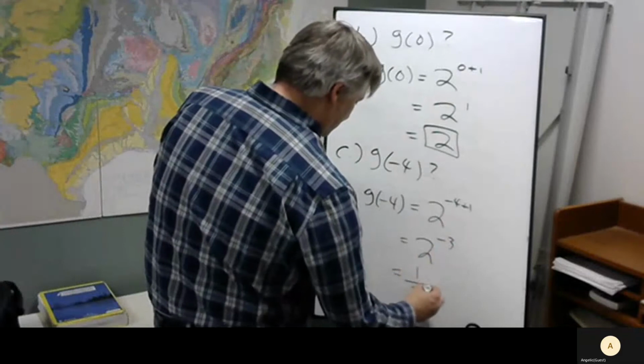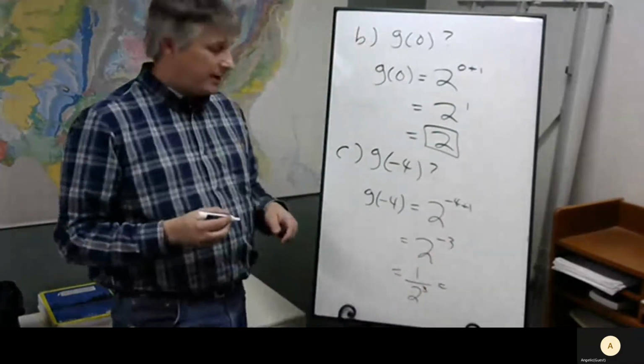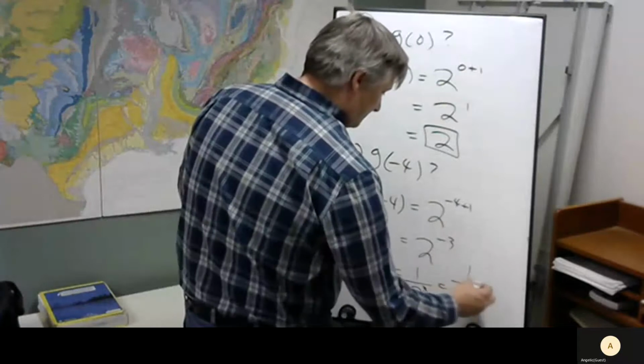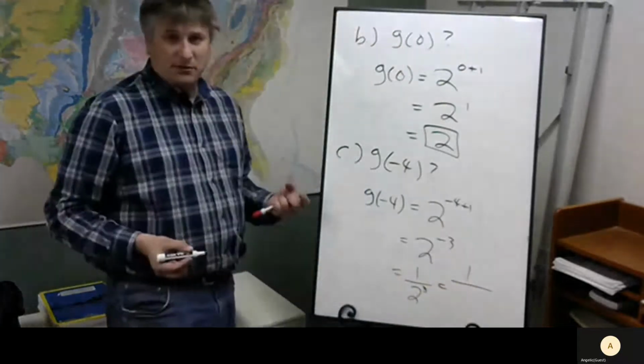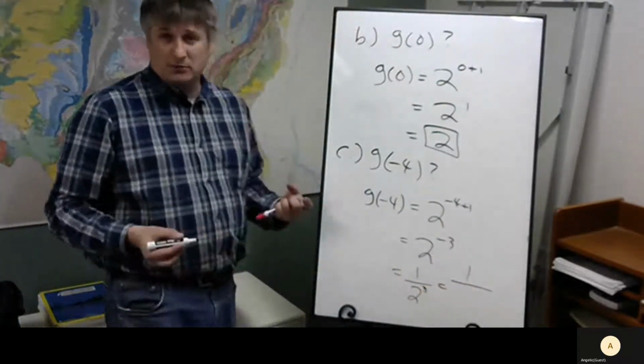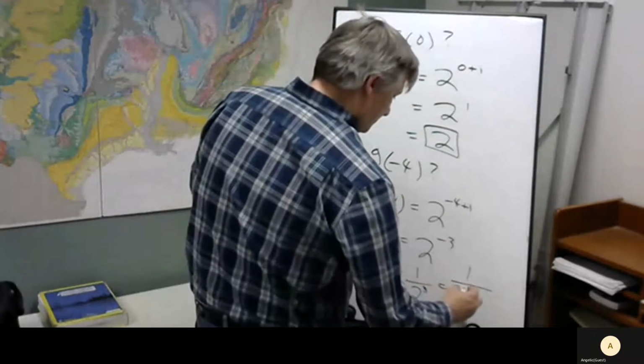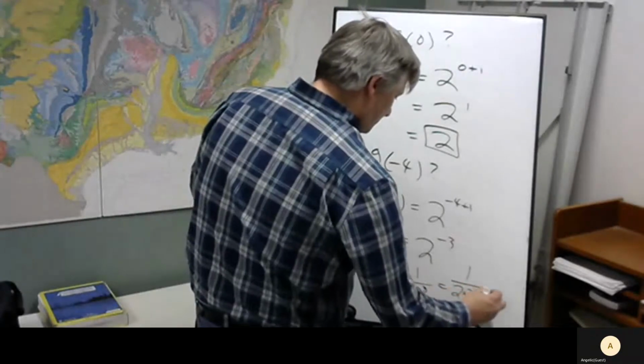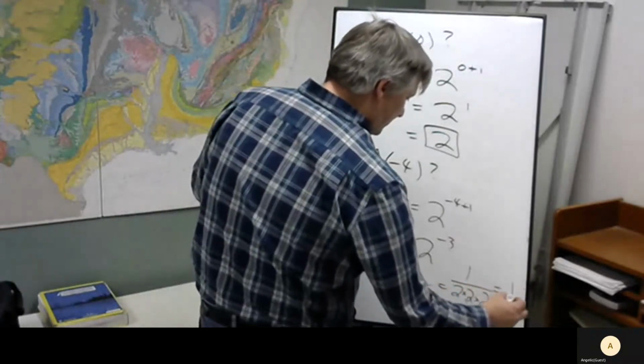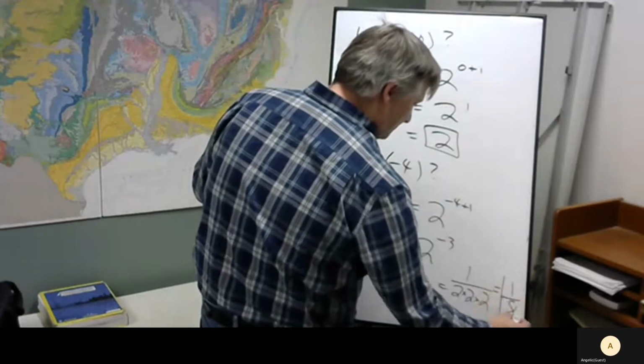That makes the negative go away. Now 2 to the third, 2 times 2 times 2, or 1/8.